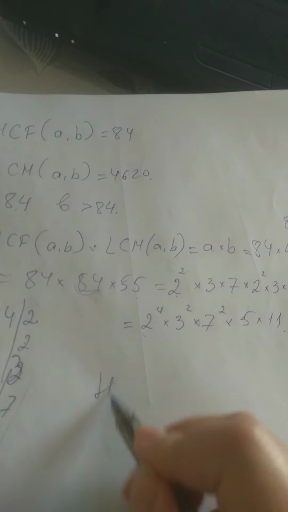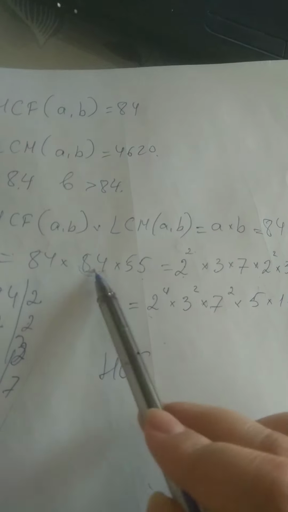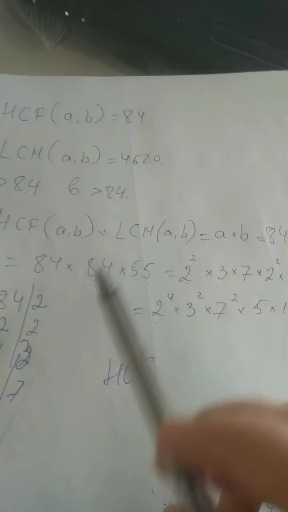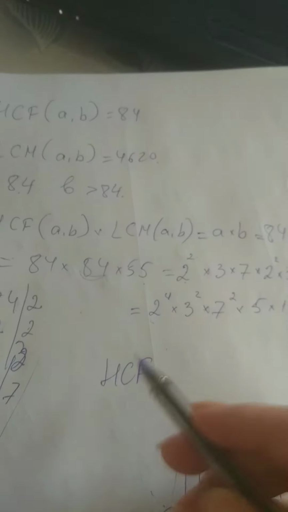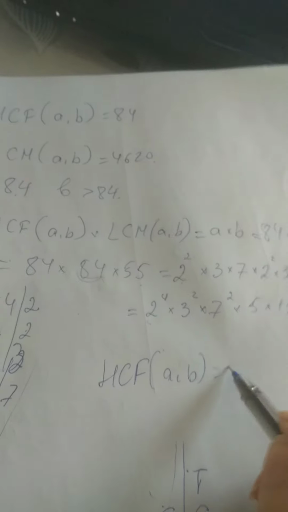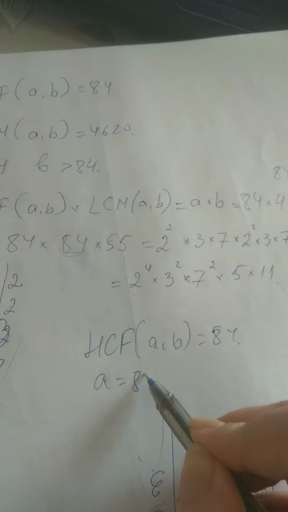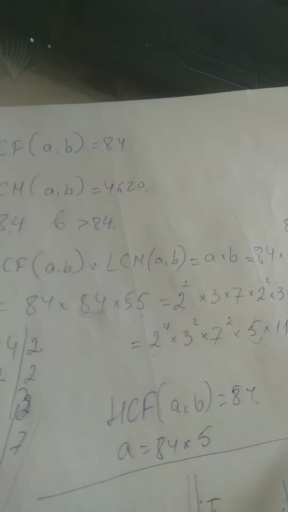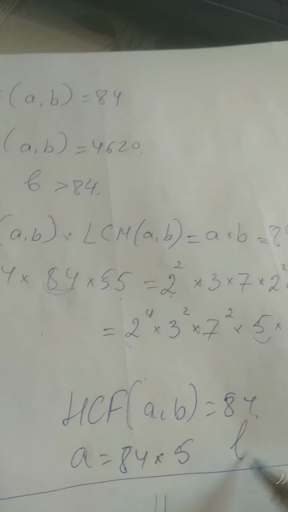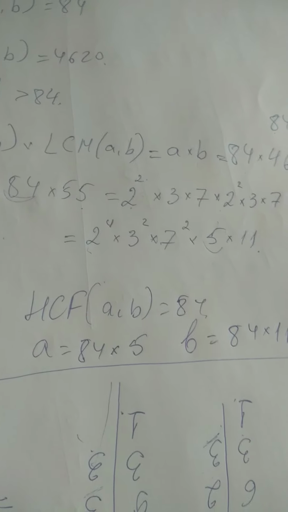If I take 84 for the HCF, I mean for one of them, A, then one of them should be 84 multiplied by 5, and the other one, B, is 84 multiplied by 11. That's it, guys, that's it.